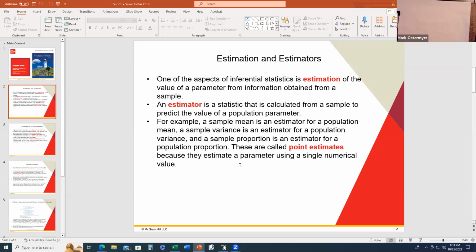Is it the mean from sample 2, or is it the mean from sample 1? That's the better estimate of the actual unknown population mean. We don't know that. That's the problem with a point estimate. Although it's a rough guesstimate as to an unknown population parameter value, we don't have any measure or idea as to how accurate or inaccurate that guesstimate is. We're going to show you how to get around that problem.